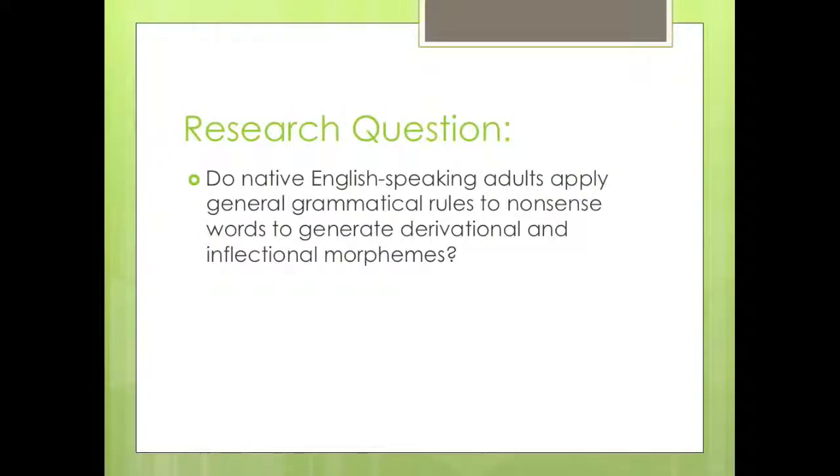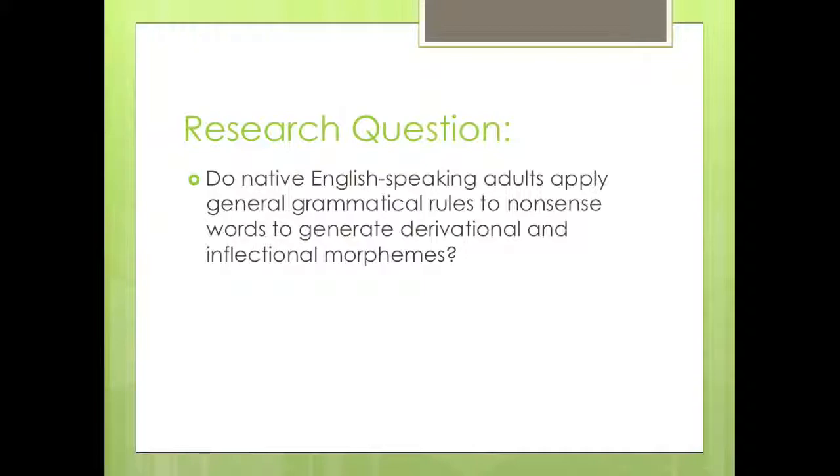So my research question, for my new test on adults with this WUG-like test, is: do native English-speaking adults apply general grammatical rules to nonsense words to generate derivational and inflectional morphemes?